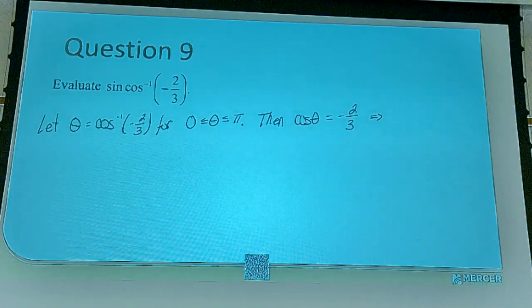That is, where is cosine negative? The second quadrant, right? What angles?